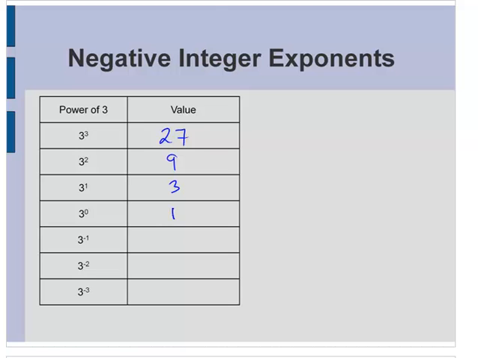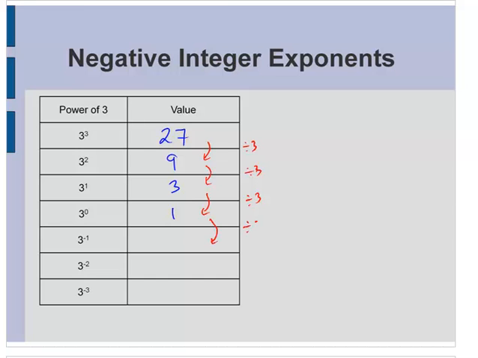That was reasonable because each time the exponent decreased by 1, we were dividing by 3 to get to the next step. If we continued that pattern, we got to the point where 3 to the 0 was equal to 1.